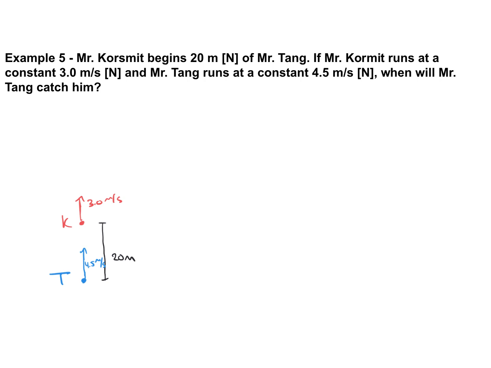And there's a couple of ways to approach this. I think the most straightforward way to approach this is by calculating the rate that the distance between us is shrinking. How fast am I making up ground? Basically, how much faster am I running than he is? So that'll be 1.5 meters per second.